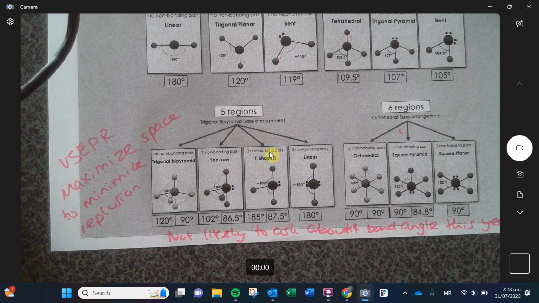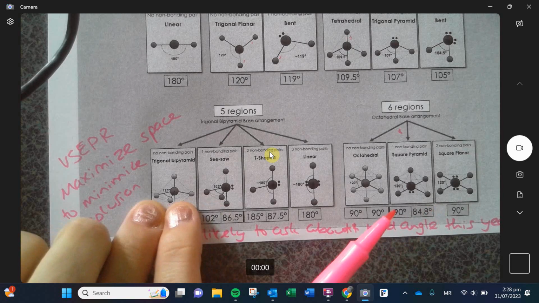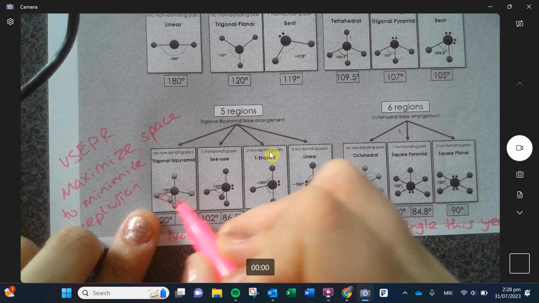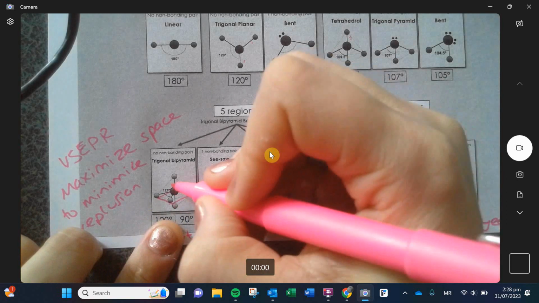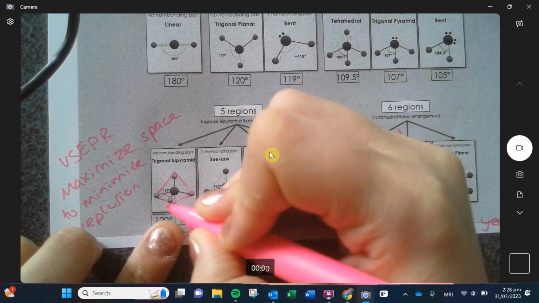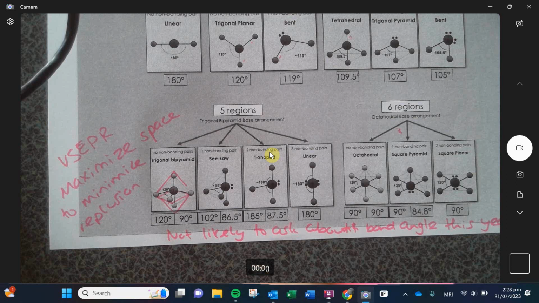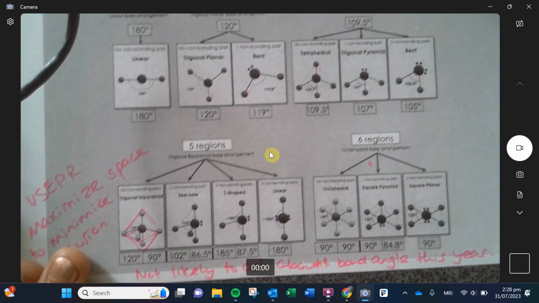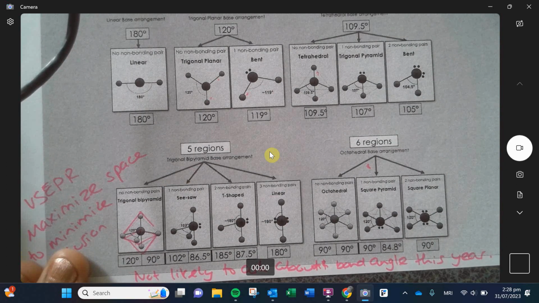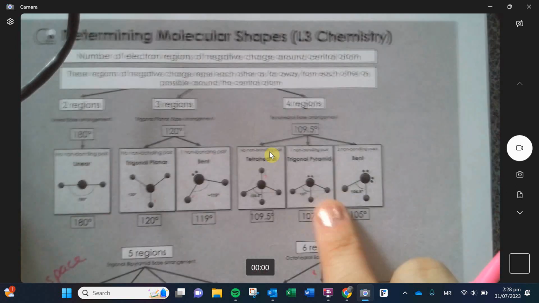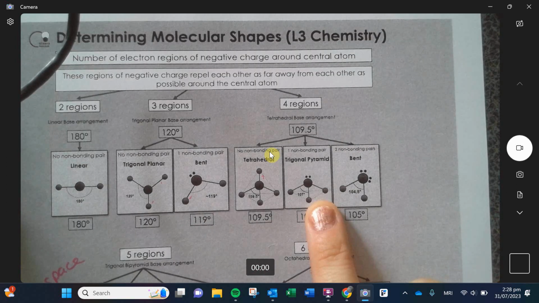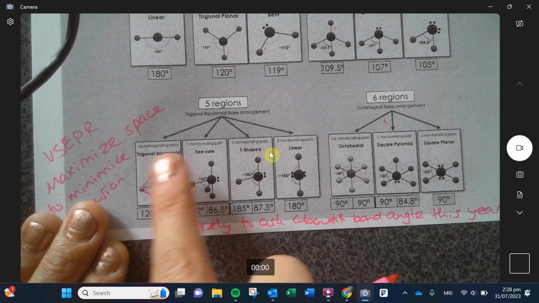You're going to have a lot of new shapes to remember, so I'm trying to help you formulate what they are. You see how this is a triangle? And then bipyramidal, you have 1 pyramid on the top and 1 pyramid on the bottom. It looks like the trigonal pyramid, but there are two.